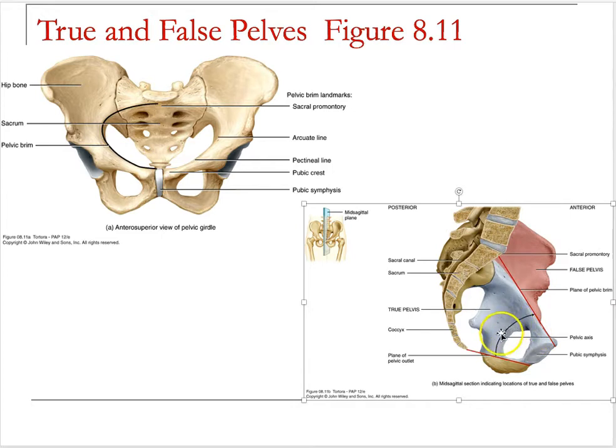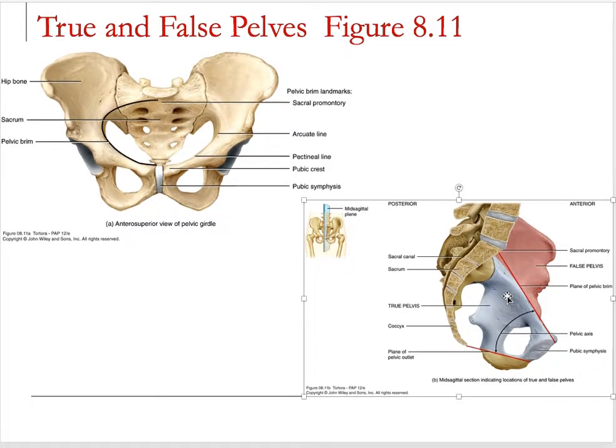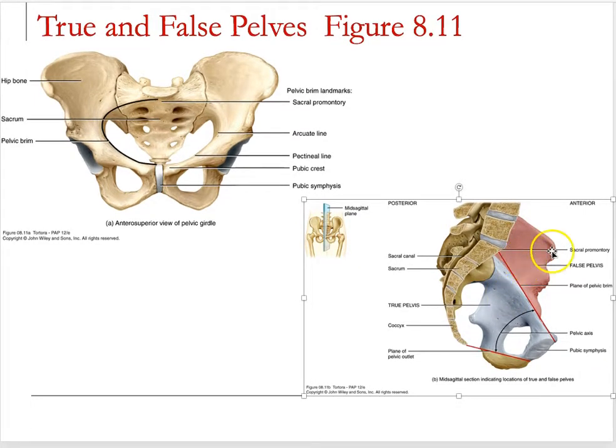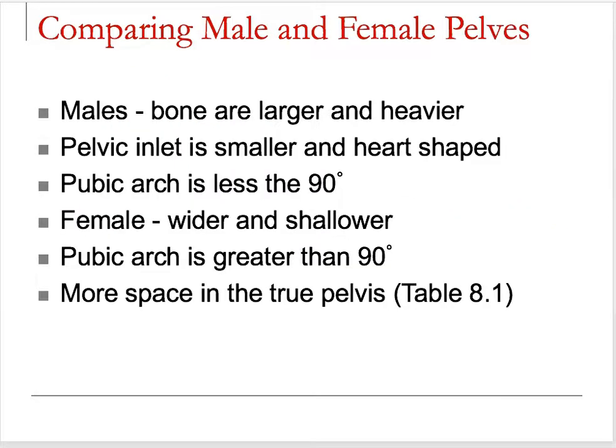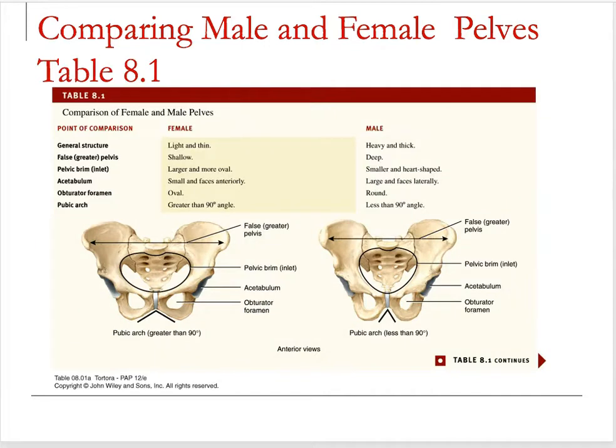Here is the pubic bone, this structure right inside. Here is the line making this the true pelvis right there. So it's all the organs that sit inside that space, the colon, reproductive structures, and things like that. Everything up here, false pelvis, is holding everything else inside your cavity.